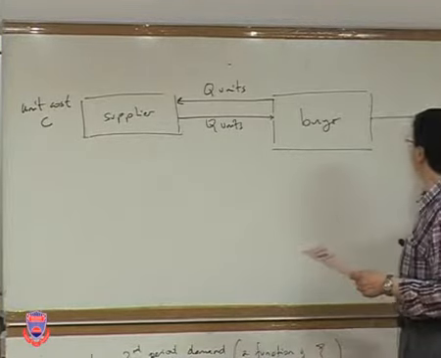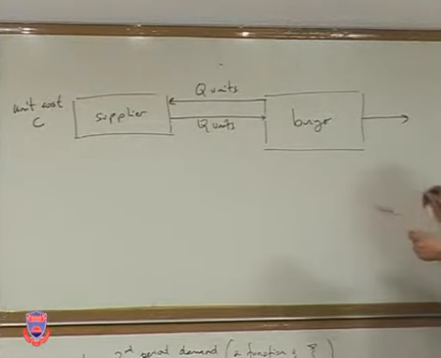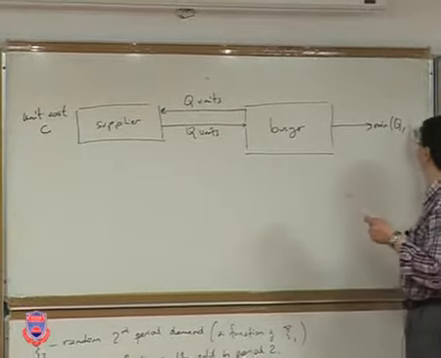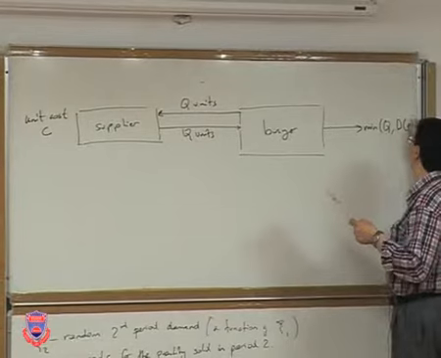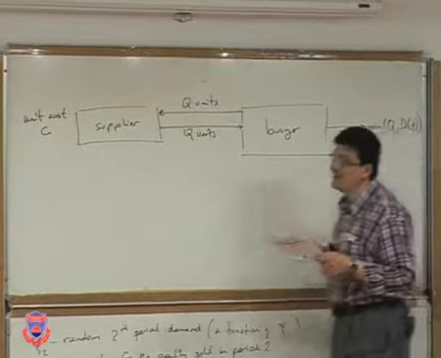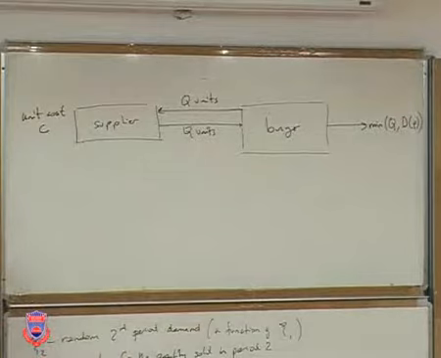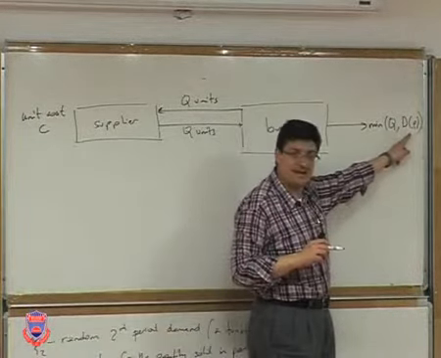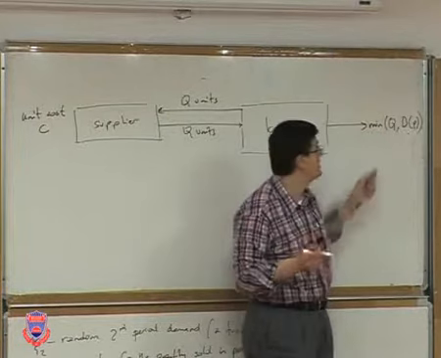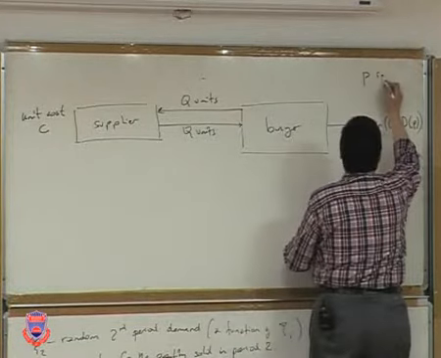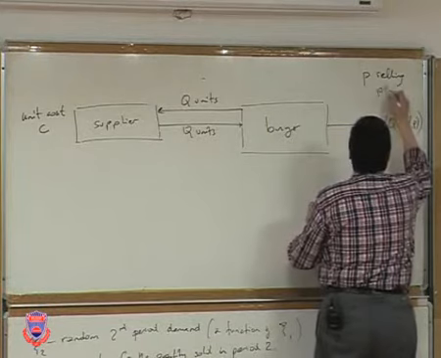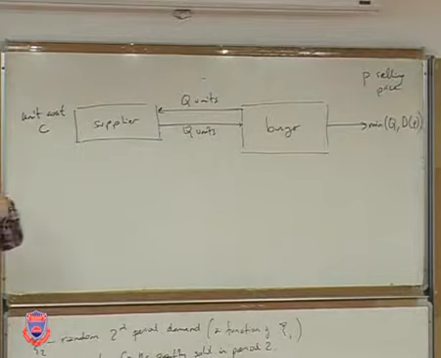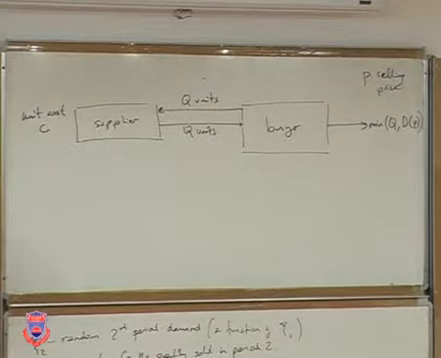And the buyer is going to sell the minimum of Q and demand, which is, let's say, a function of the price. So D of P is a random function, but it is a function of the selling price, where P is the selling price. Now, I'm not going to consider the case where P is also a decision variable, but we can follow the same idea.